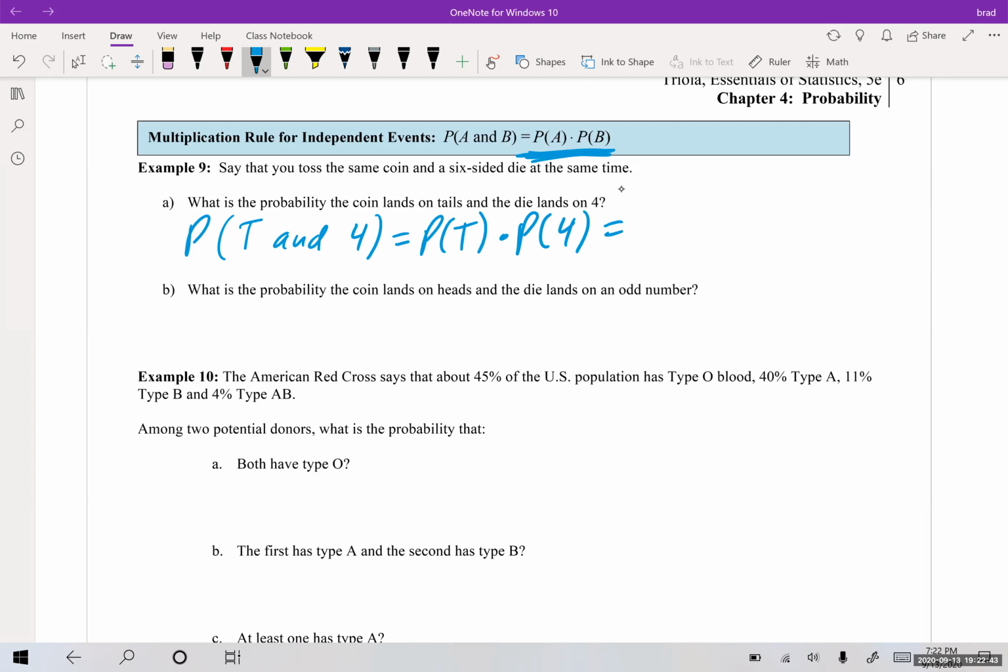The probability of getting a tails is 1 out of 2 because it's a fair coin. And then the probability of getting a 4, well, how many sides are there? It's a 6-sided die, and there's only one 4 on there. So this is going to be times 1 out of, not 1 out of 4, there are 6 sides, so there's one 4, so 1 out of 6. So this would be 1/12. That would be our probability of flipping a tails and rolling a 4 at the same time. There's 1 in 12.